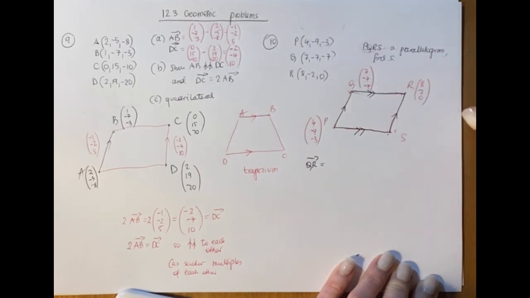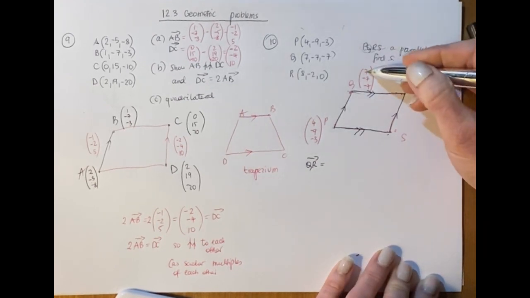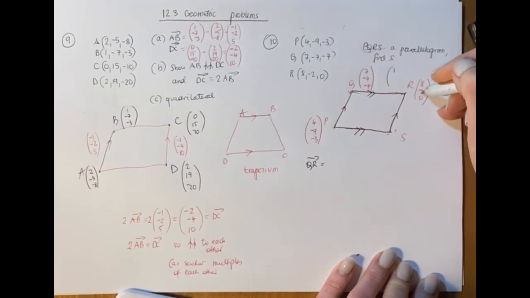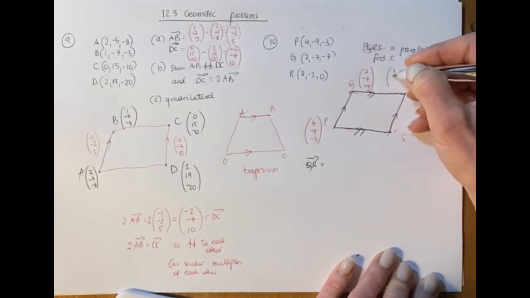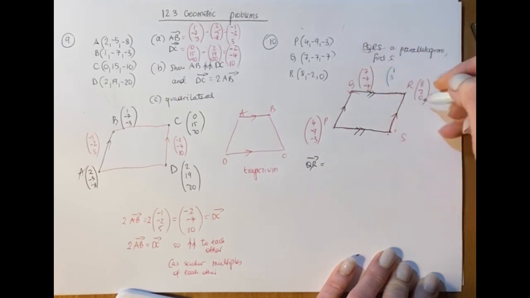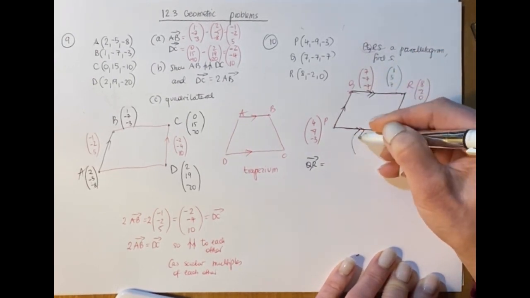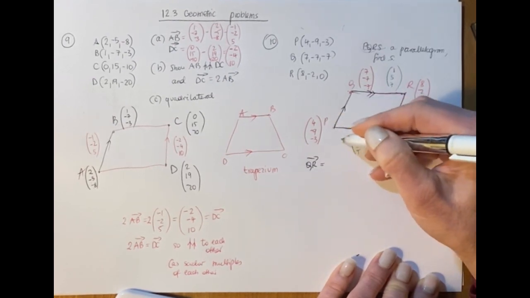If you think about it, look at this very carefully. To get from 7 to 8, I add 1. From -7 to -2, I'm going to add 5. From -7 to 0, add 7. And all I'm going to do is add this vector to OP.